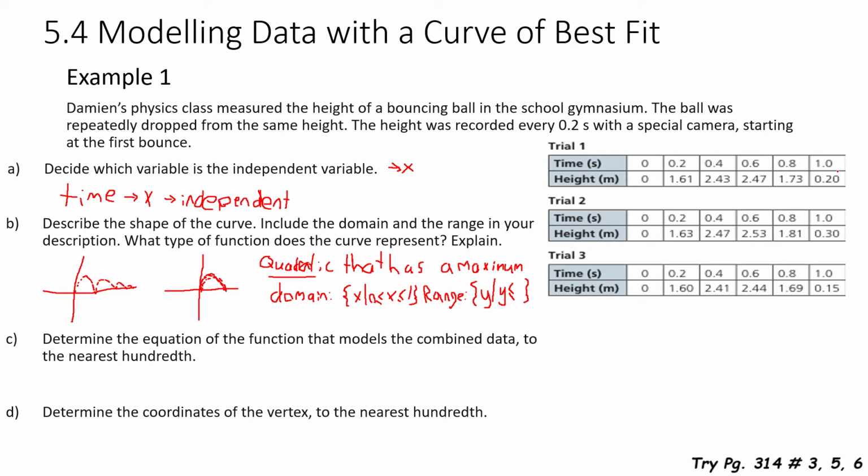Press over to calc, and then go down to 5, which is quadratic regression. We're going to do a quadratic regression of your two lists, L1 and L2. When you press quadratic regression, you should see X list L1, Y list L2, and if that's all good, you can scroll down and press calculate, and it'll figure out the quadratic equation for your data.